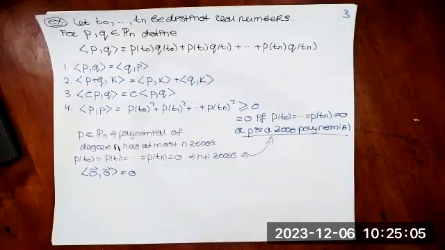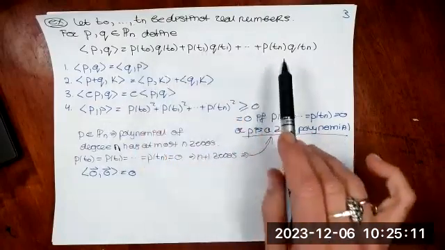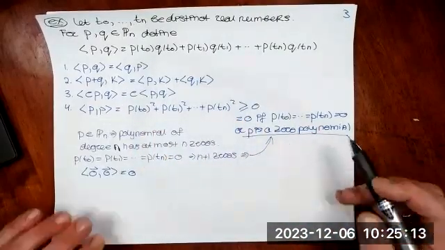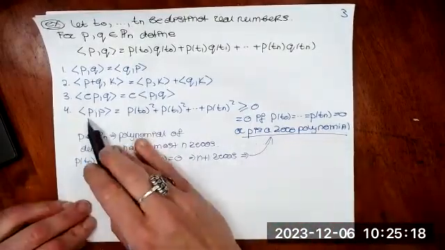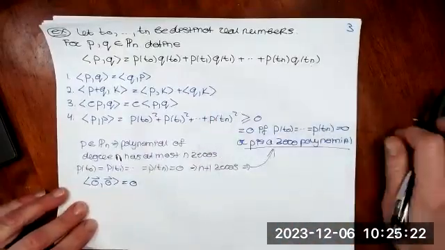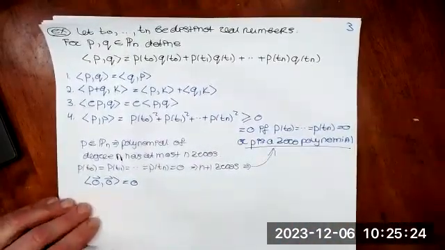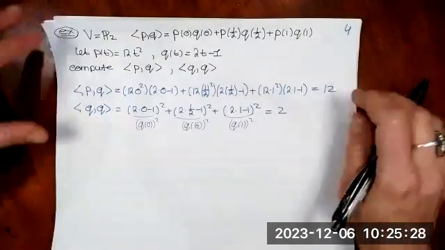So the first condition holds too. P inner product with P, where the inner product is defined this way, is going to be equal to 0 if and only if I have the zero polynomial. So that's also going to be an inner product.